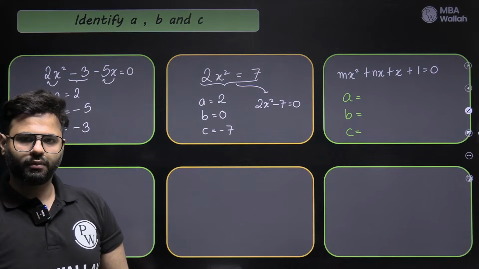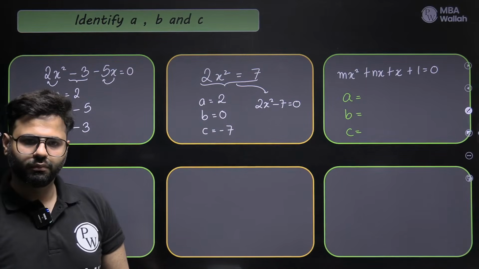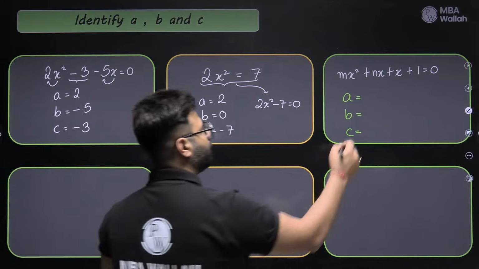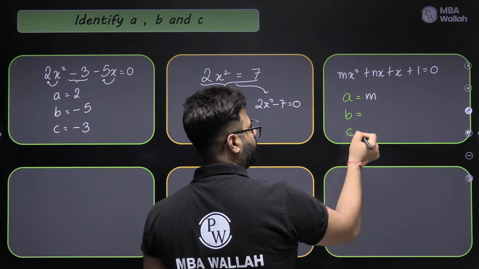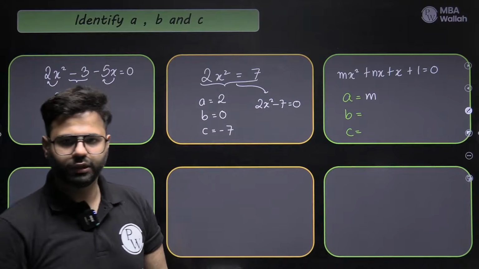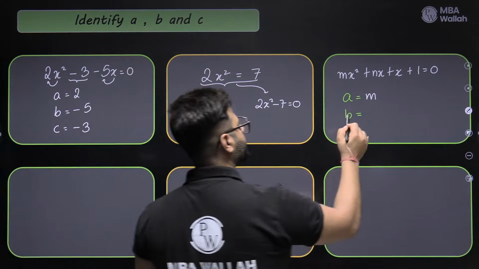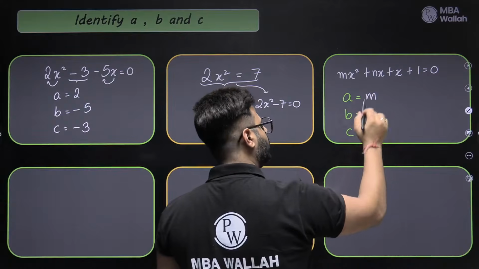A again, the coefficient of x square. I guess that's very simple. That's M. Fine. But what about B? The coefficient of x, right? So the coefficient of x is not n and not 1.